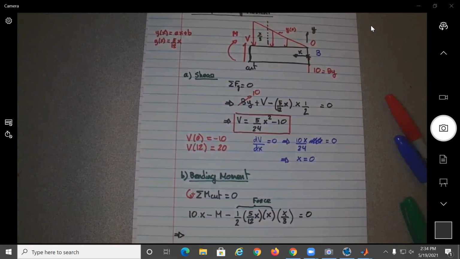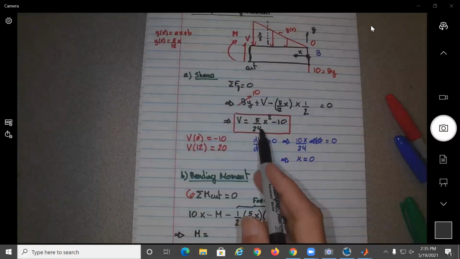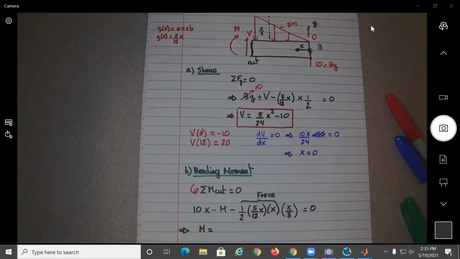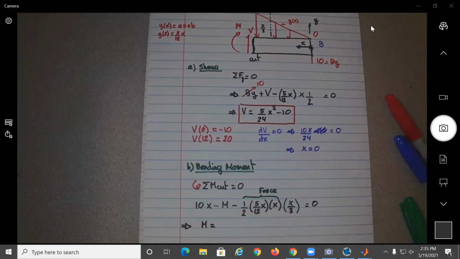And basically, this is going to give us M. So if we did correctly, we should get the integral of this equation, no? Remember, that's what we're going to be doing next, but M would be equal to 5 over 24, 24 times 3, 72.